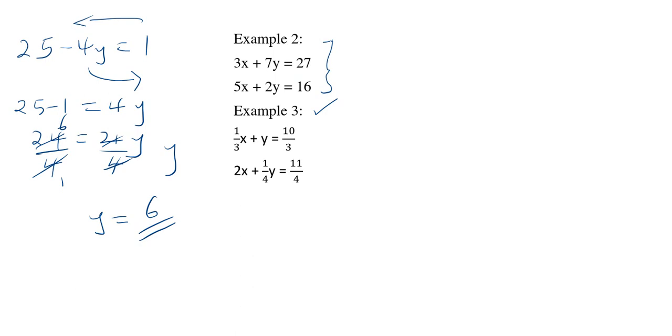I want to solve example 3 because I want to show you how we can solve equations that have fractions. So in this case, now let's start with our example 3. We have 1 over 3 x plus y is equals to 10 over 3.